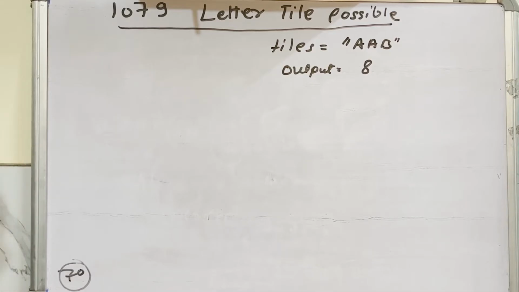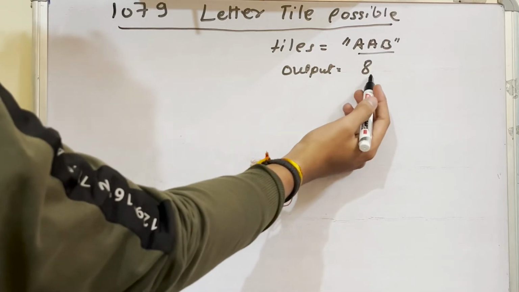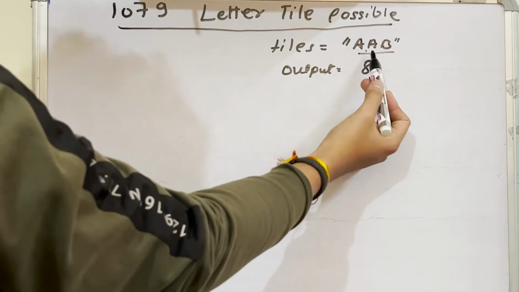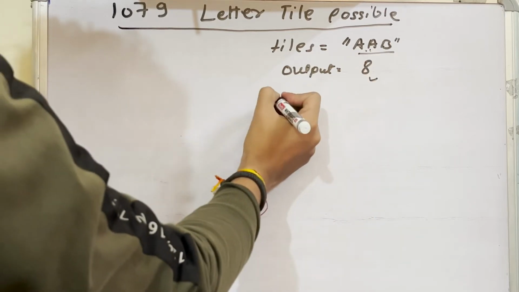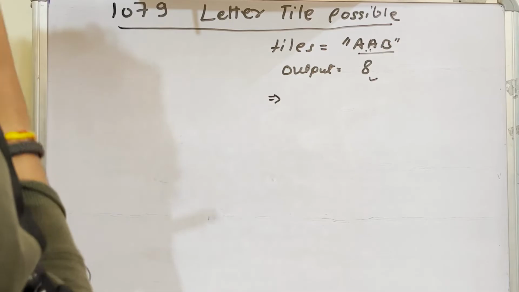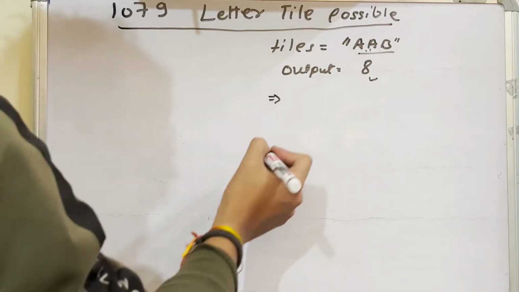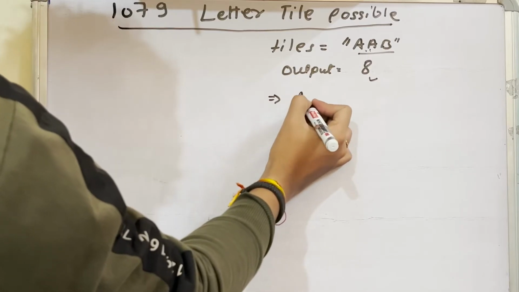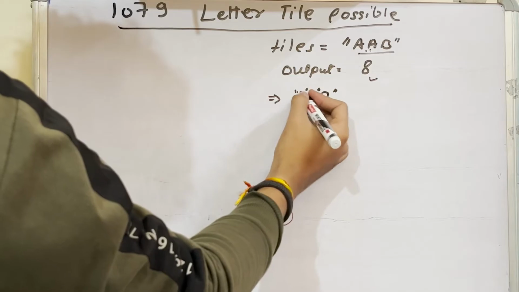Now the question is asking, you are given a string, then you have to return the number of possible non-empty sequences possible from these tiles. So all the possible sequences that can be made are like A, B. This is the string.